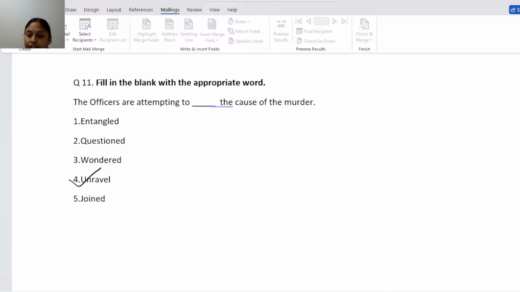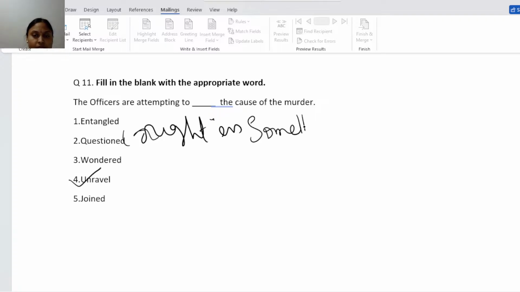So next we have entangle. What is the meaning of entangle? Entangle is nothing but caught in something. Caught in something is known as entanglement.